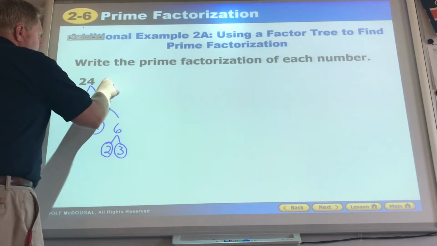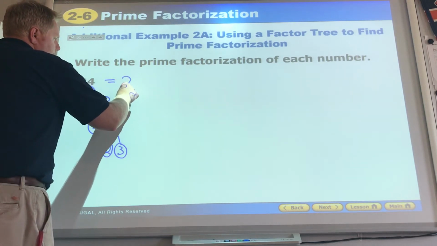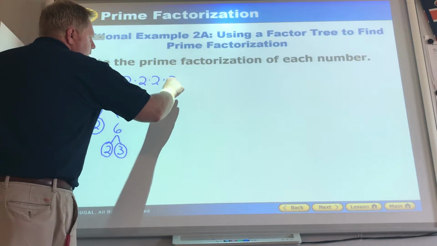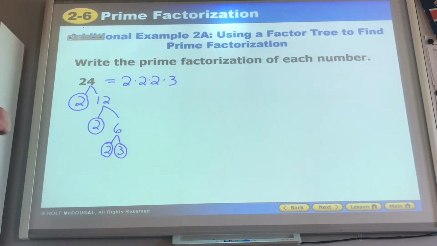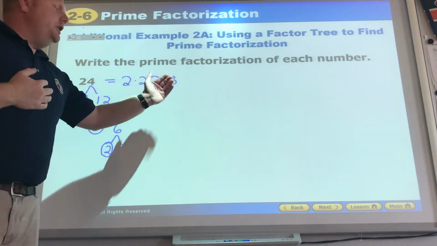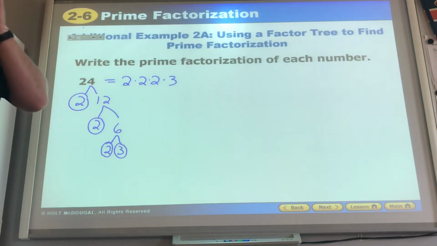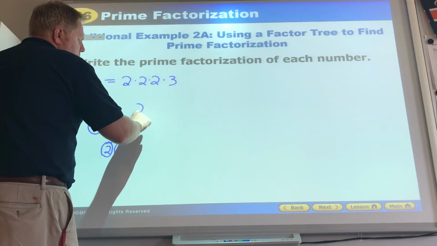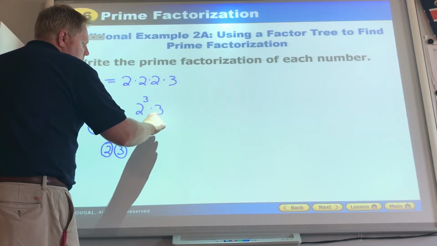So then, the prime factorization for 24 would be 2 times 2 times 2 times 3. You write them in numerical order from smallest to biggest. Or the way they said with exponents, 2 times 2 times 2 could be written as 2 to the 3rd power times 3.